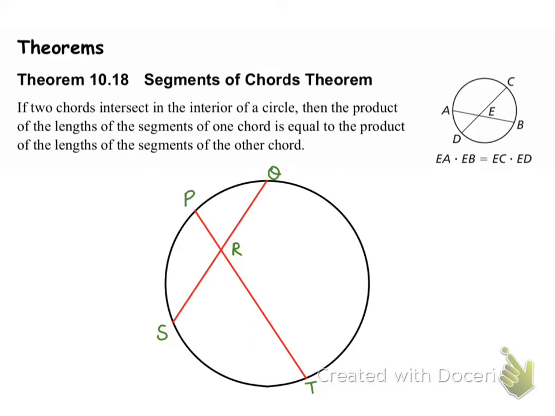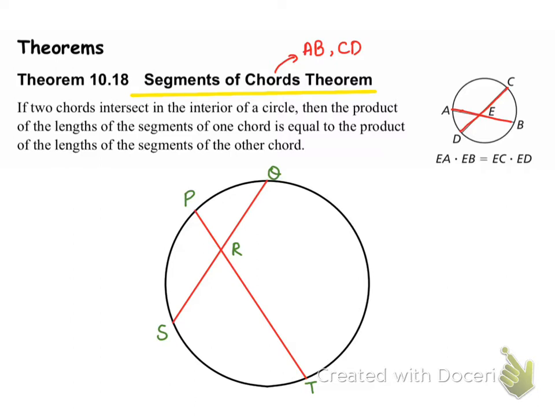The very first theorem here is the Segments of Chords Theorem, meaning if we have chords, what theorem can we talk about. We can see there are two chords. In this case they are AB and CD. So this whole thing, this and this, they're the chords.